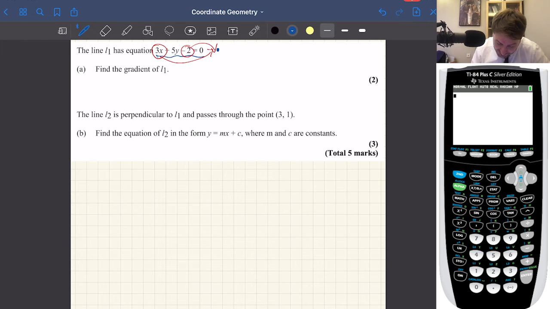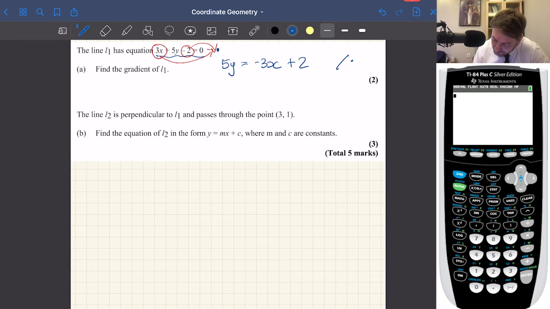We have 5y, and when I move the 3x to the other side it's minus 3x, and moving the 2 it becomes plus 2. Essentially, I'm adding 3x and I'm subtracting 2.